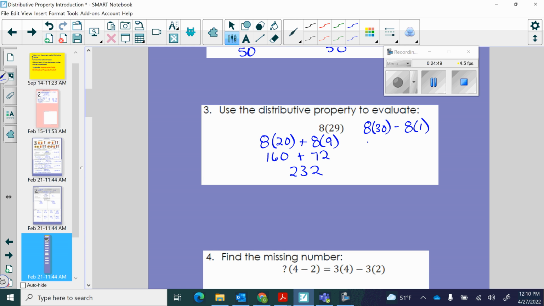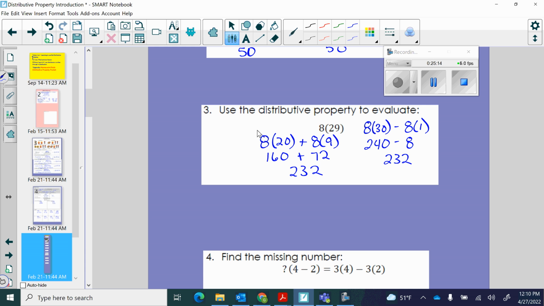So that would be 240 minus 8, which is 232. And I can do all that in my head without having to work out 8 times 29 on the paper? Make sense? I showed all of my work, everything I did, but did I have to work out a big, long multiplication problem? Does that make sense?